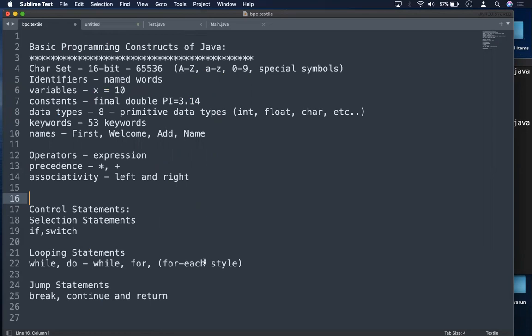Later we saw arithmetic, assignment, and relational, then conditional and increment, decrement, and today the bitwise operators and logical operators. Operators are just like grammar for any natural language, and in order to make an expression, operators are mandatory.